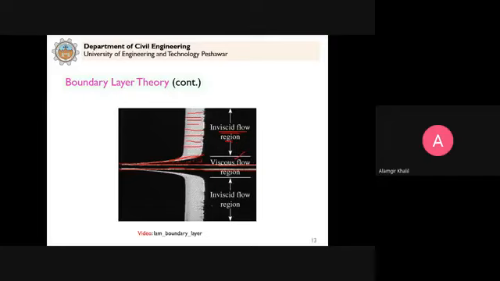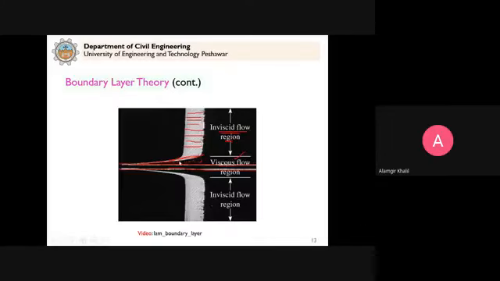So how does this develop? If we are able to see this boundary layer, it actually develops on the bodies. Clear? You see that this boundary layer develops when the flow passes, in this case, a flat plate.